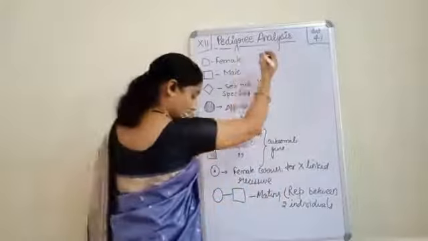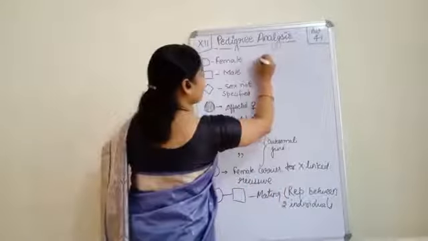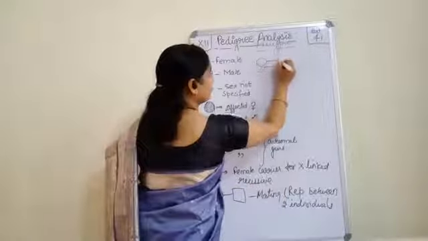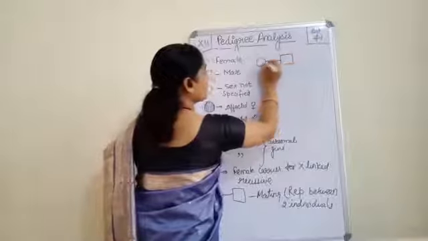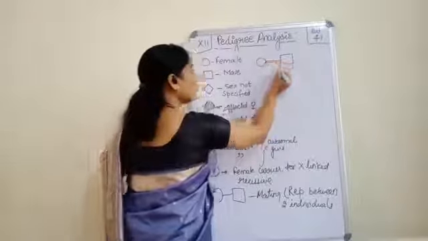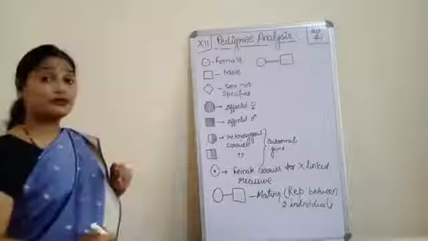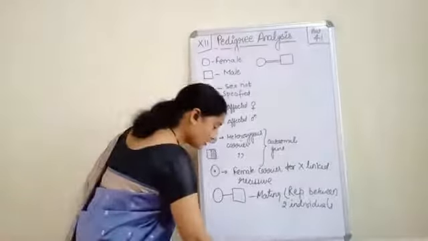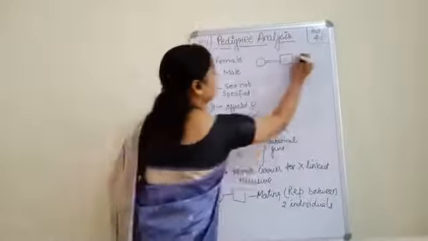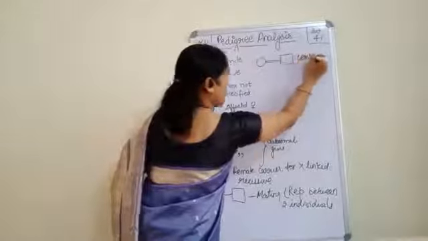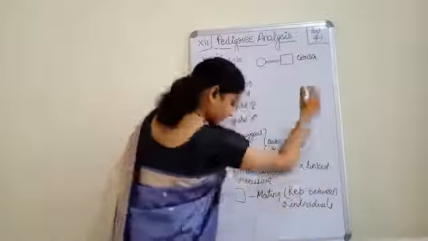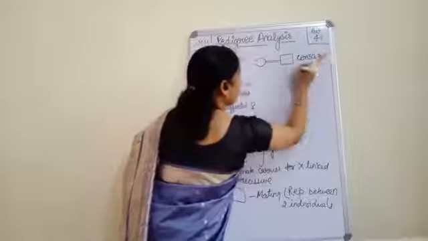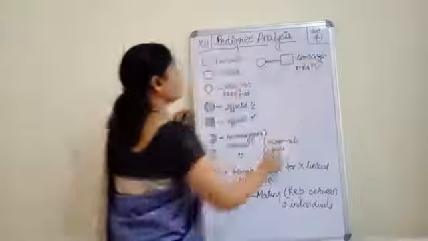Now, if the symbol is like this and here there are two lines, then the meaning of two lines is consanguinity, C-O-N-S-A-N-G-U-I-N-I-T-Y.